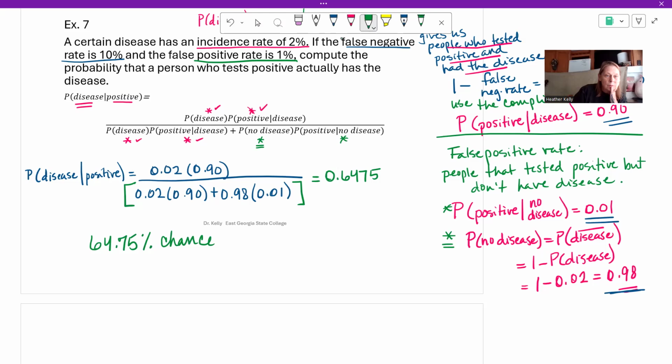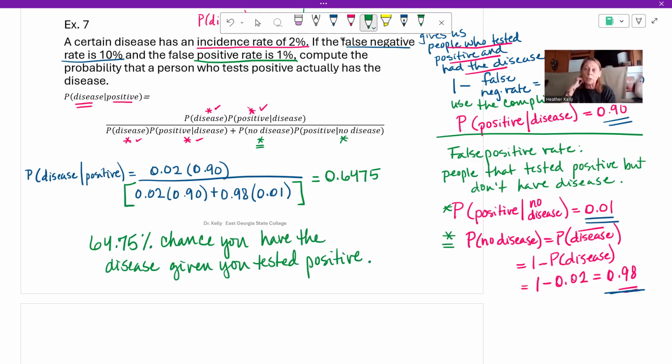chance you have the disease given you tested positive. Now, and this might sound absolutely obscure and crazy, but it's very, very true when you really start getting into science.